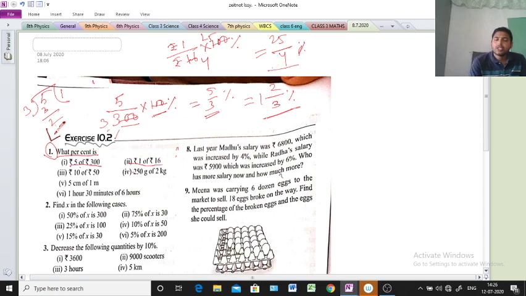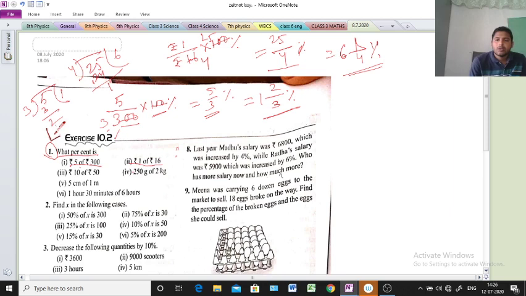Since it is an improper fraction, we convert it into a mixed fraction. Same process by division. So do the division everyone. 4 6s are 24, the remainder is 1. So that's why we are getting 6 1 by 4%. Clear? Concept clear? Clear or not?